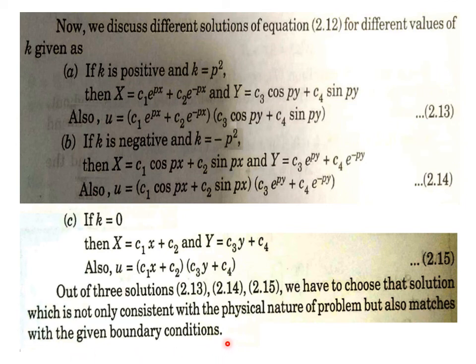Which particular boundary conditions are given, so that the values of the constants c1, c2, c3, c4, the four constants present in any of the solutions, can be obtained easily? We have to check all those things. Then we can decide which particular solution out of 2.13, 2.14 and 2.15 is to be picked.